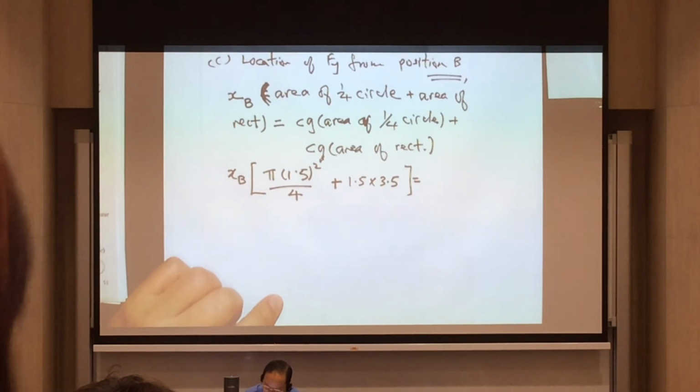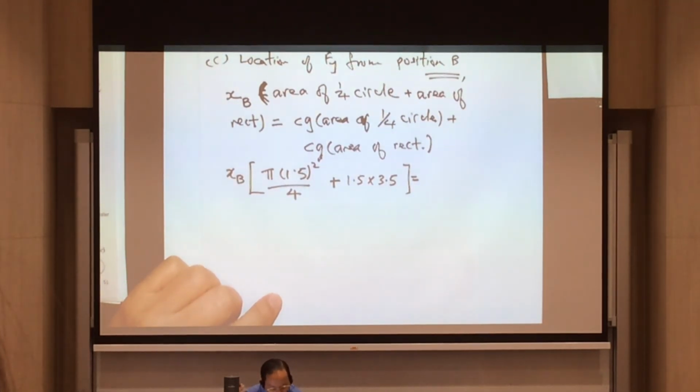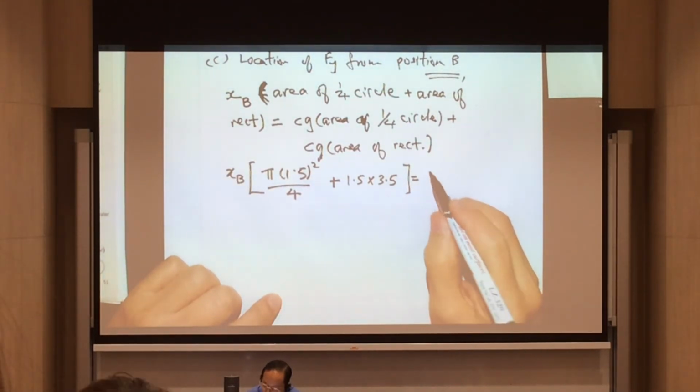Now, the CG location for a quarter circle is 4r over 3 pi.